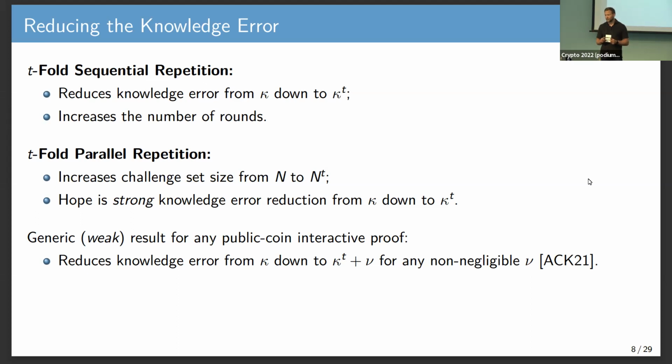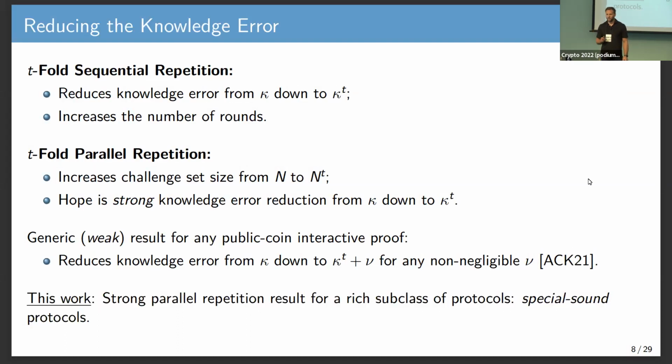And so the goal of this work is to get rid of this non-negligible term, so to get a strong parallel repetition result. And we do this for a very rich class of protocols, which are special sound interactive proofs. So for special sound interactive proofs, we show that you do not get this non-negligible term nu, and you really get a strong parallel repetition result, reducing the knowledge error from kappa down to kappa to the power t.